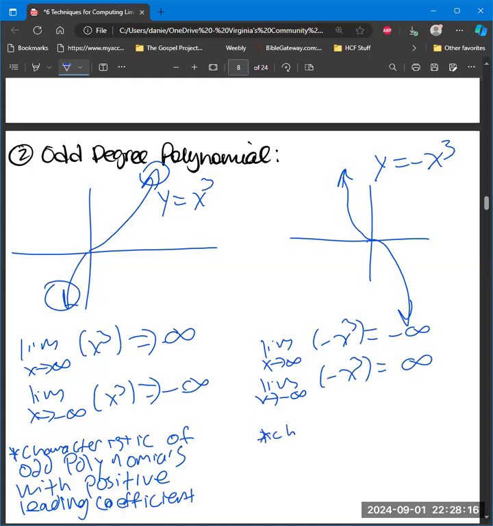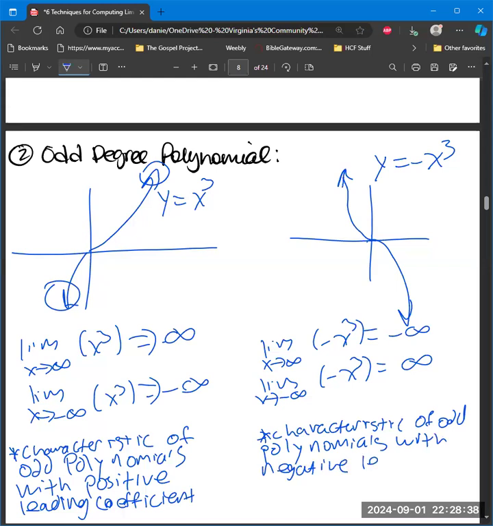That will be characteristic of odd polynomials with negative leading coefficients.